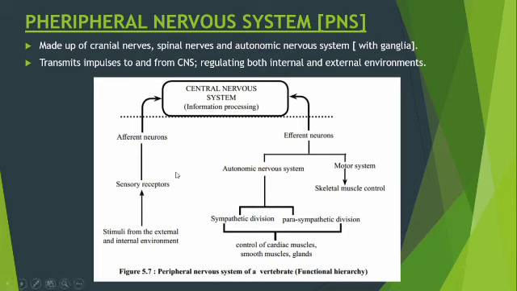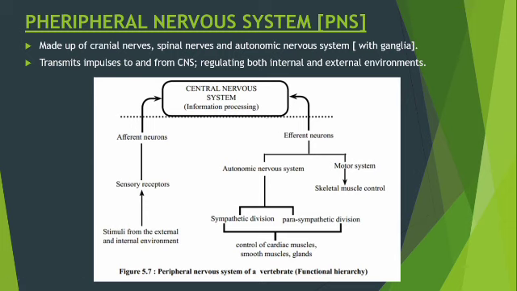Within the central nervous system, the information is processed and instructions are transmitted to effector tissues or organs like muscles and glands and endocrine cells along the peripheral nervous system neurons, which are referred to as efferent neurons or motor neurons.